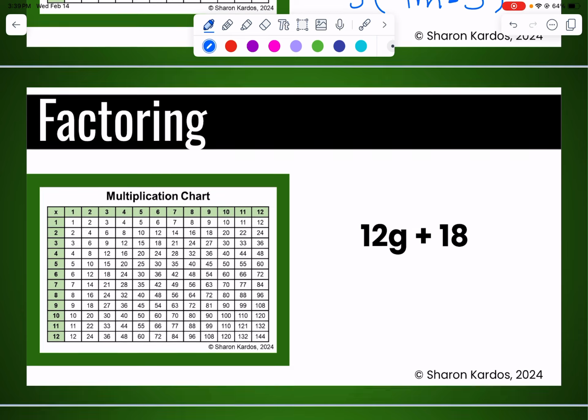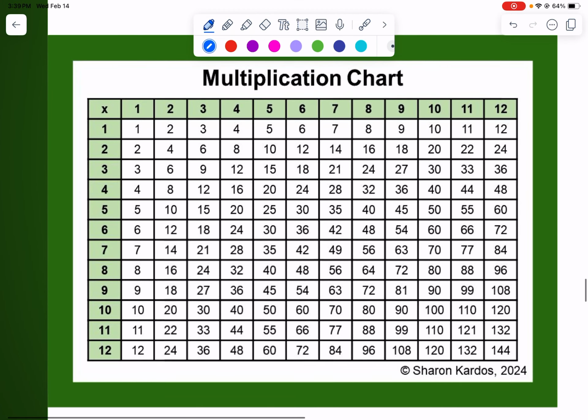Now, for 12 and 18, I have multiple rows that have a 12 and an 18. Right here, row 2, row 3, and row 6 all have a 12 and an 18. But remember, we're looking for the greatest common factor, which would be 6. 2 and 3 are also common factors. They're just not the greatest.